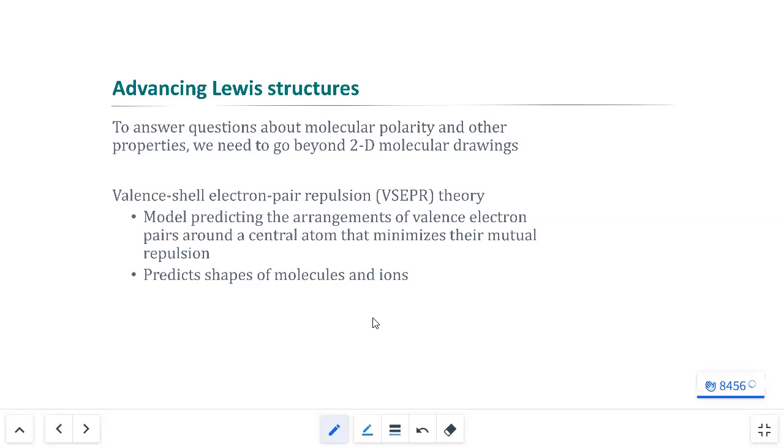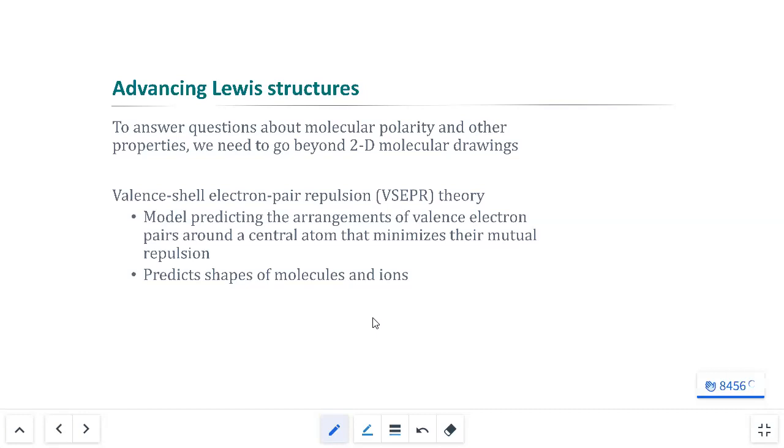What VSEPR does is this. It is going to help predict how those valence shell electrons, the ones that are responsible for bonding, arrange themselves in three-dimensional space. And they're going to do so in a way that minimizes repulsion.